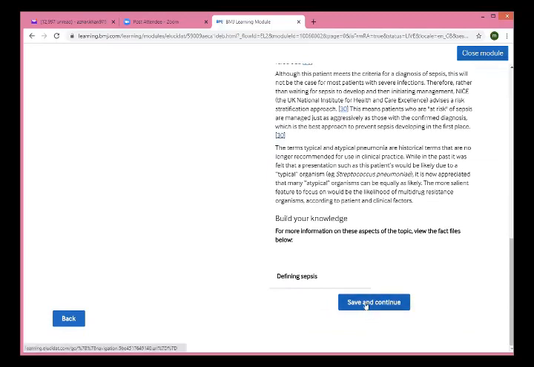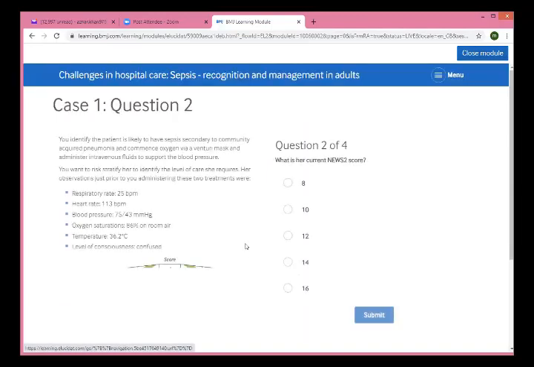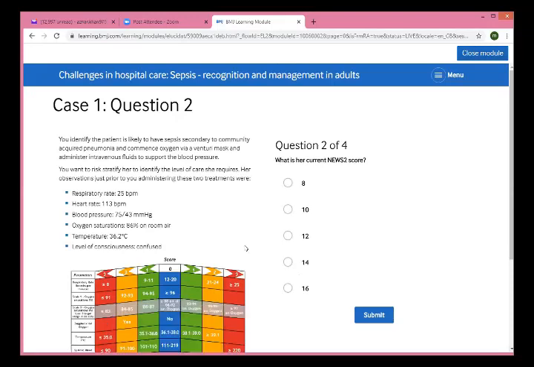So now, you identify the patient is likely to have sepsis secondary to community-acquired pneumonia. You commence oxygen. You give intravenous fluids. Now you want to risk stratify the patient, whether it's a low risk, moderate risk, or high risk.